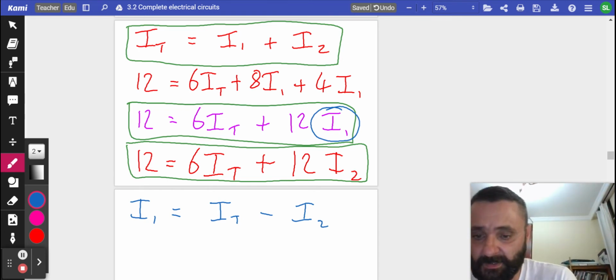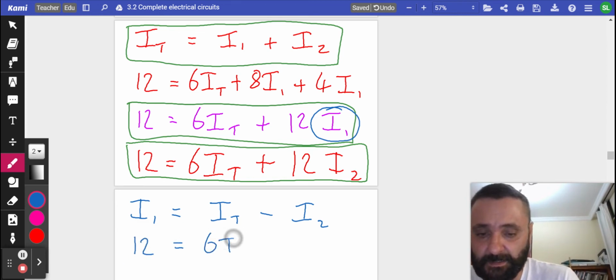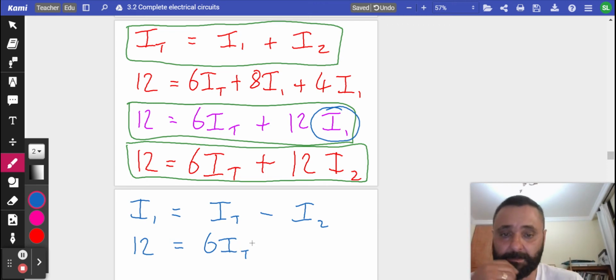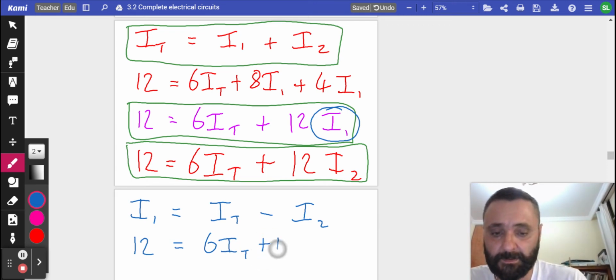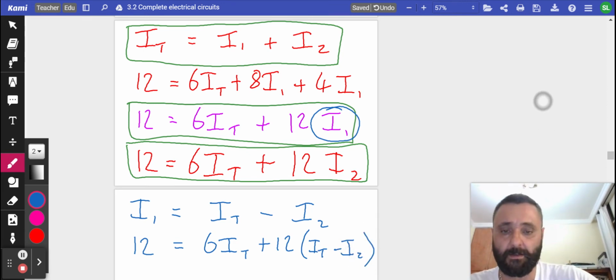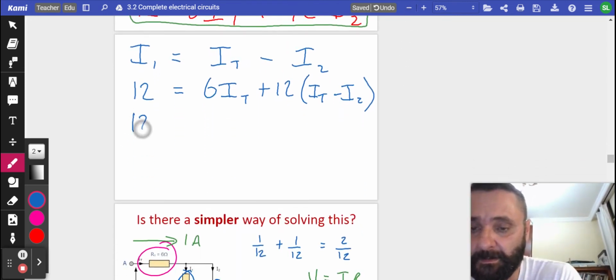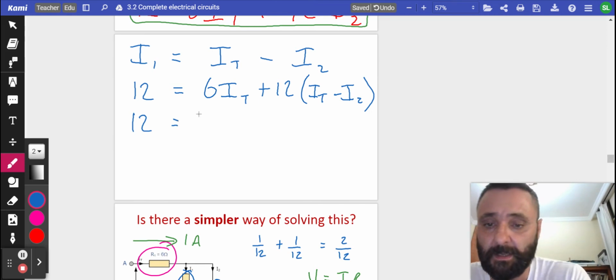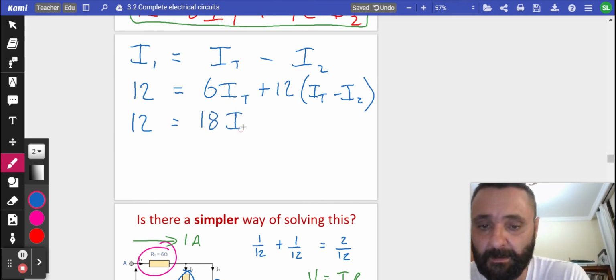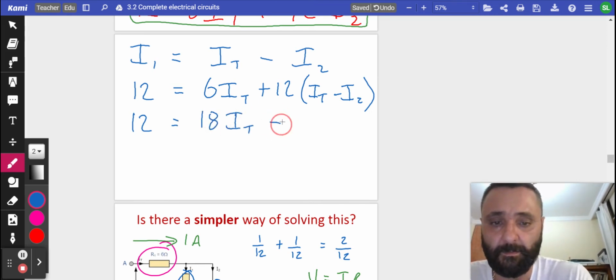So this becomes 12 equals 6 IT plus 12 (IT minus I2), which becomes 12 equals 18 IT minus 12 I2.